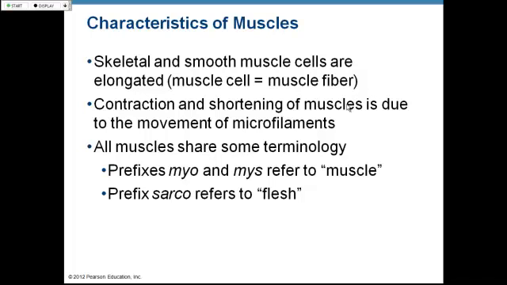No, me either. So, our muscles are our flesh, and very often some of the terminology associated with this chapter will start with sarco, some of it myo, some of it mys. All of it basically refers to muscle tissue.